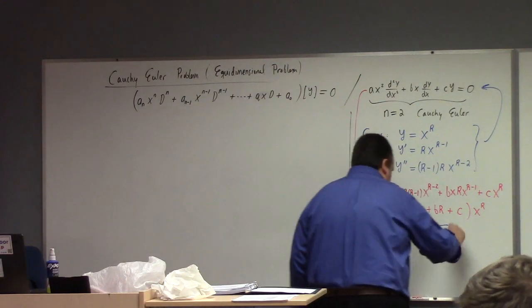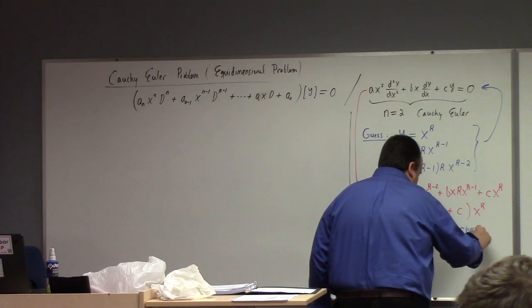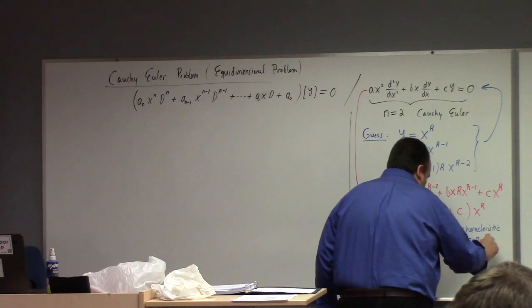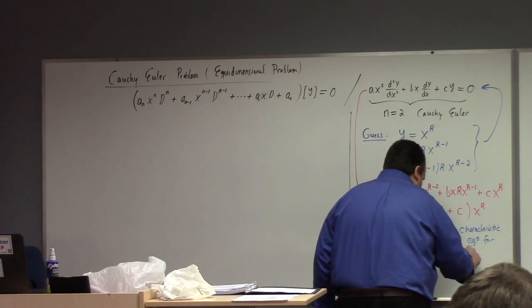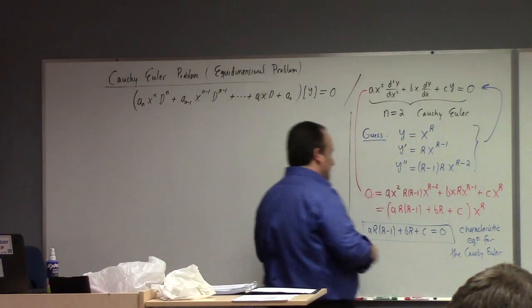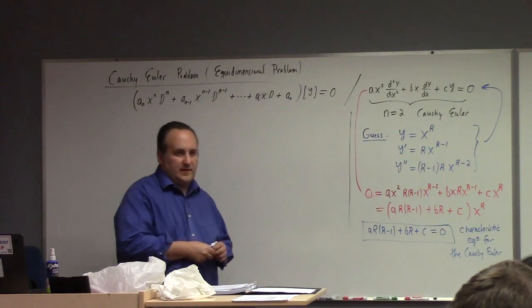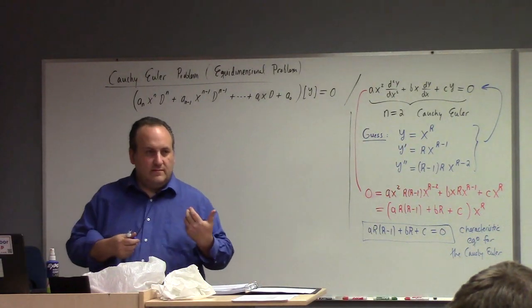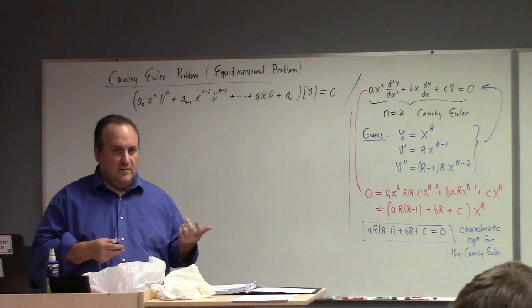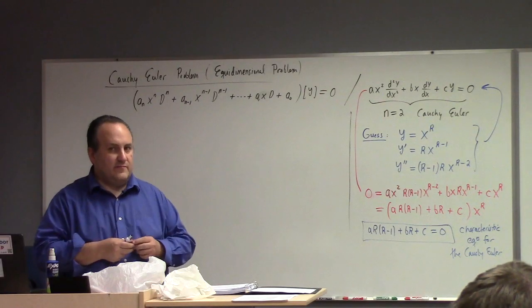This is the characteristic equation for the Cauchy Euler problem in the n equals 2 case. And if we can solve that, then whatever we find as solutions should give us powers of x which solve the problem.